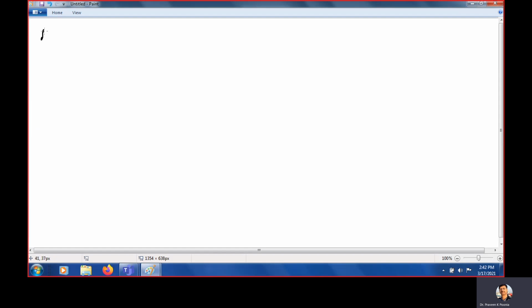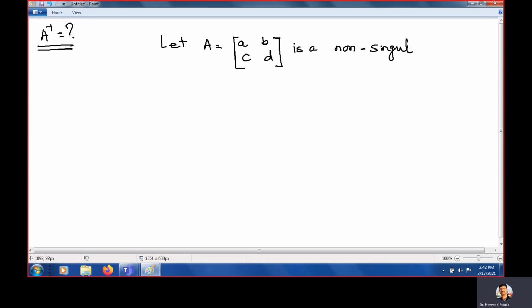Now the question comes, how to find A inverse? Let A equal A, B, C, D, a non-singular matrix. So what is step 1?